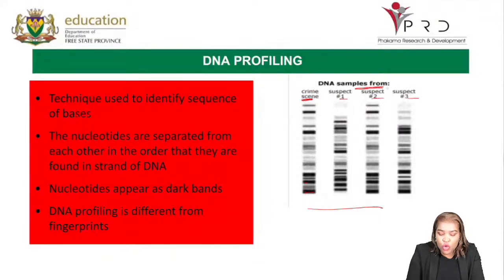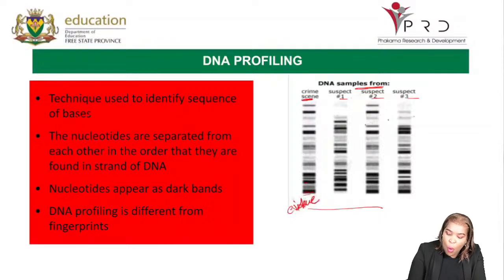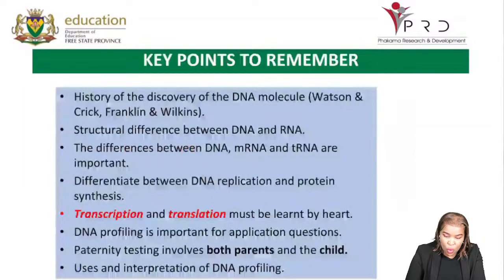They are going to compare the DNA profiles of these suspects with the evidence that was found at the crime scene. Now, if one of these suspects matches, it places them at the crime scene and they have used it to solve crime. And then a question can come and say, what other ways can we use DNA profiles? You have those in your exam guidelines. Please make sure that you go check.